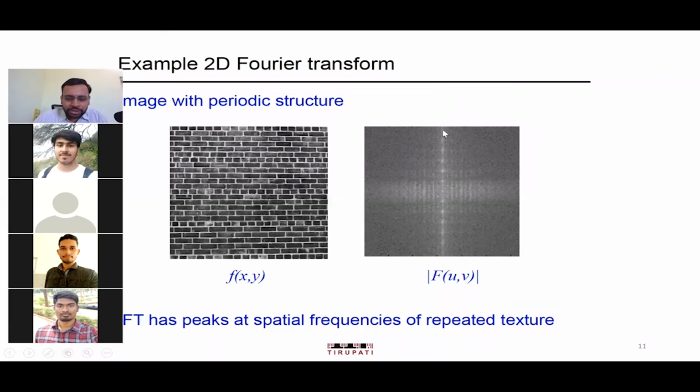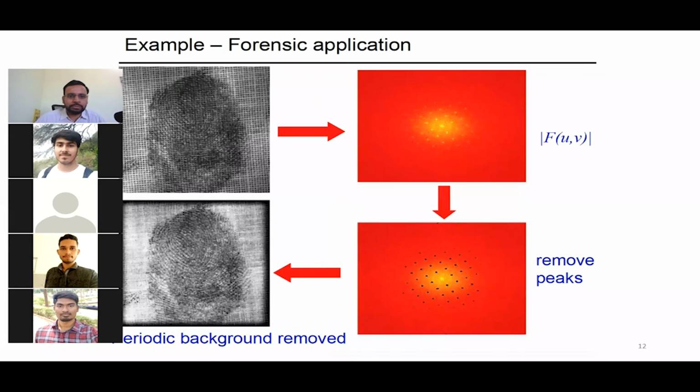That's why it would result in higher order harmonics both in X and Y directions. Had this image been slightly rotated, this frequency spectrum would also have come in a rotated direction. So if you have periodicity here, that would result in higher order harmonics also with a similar periodicity.